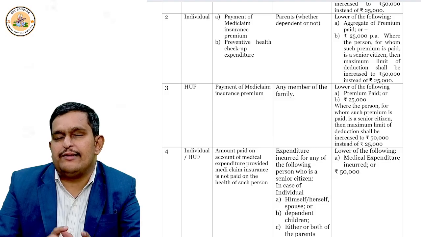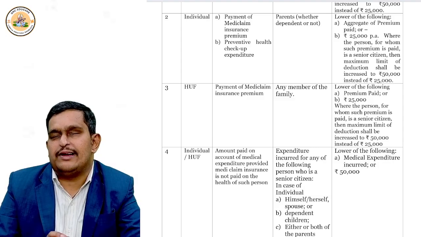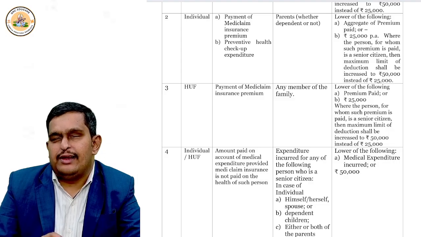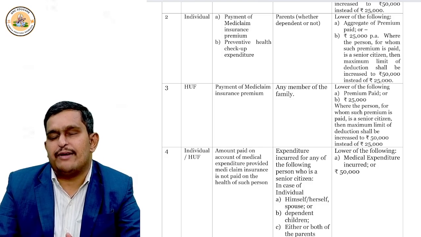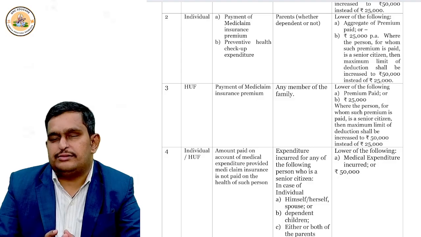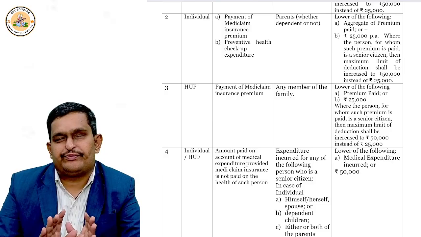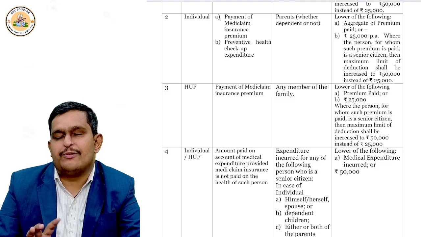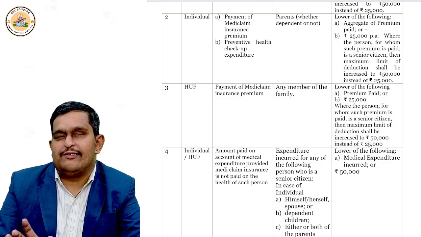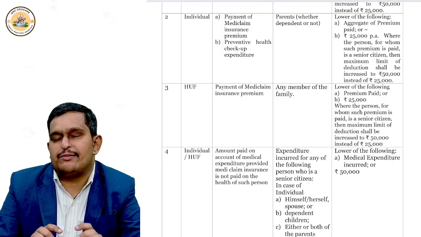Now the third point is in case of Hindu undivided family. Third point talks about Hindu undivided family. And when we talk about Hindu undivided family, please remember that any member of the family is treated as family. So there is no restriction here, right? It should be only self, spouse, children, nothing like that. Even if it is brother, sister, uncle, chacha, all, if they are members of HUF, that's it.